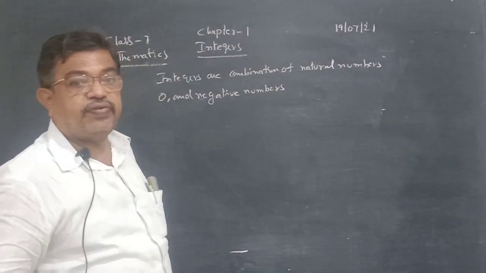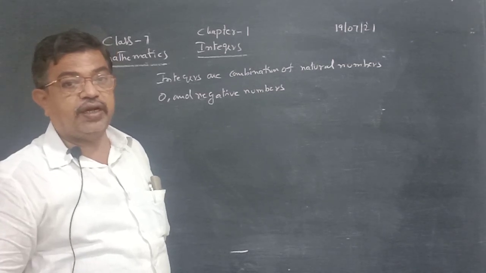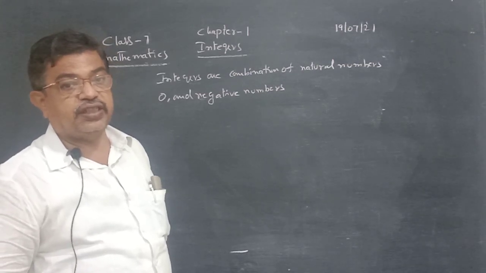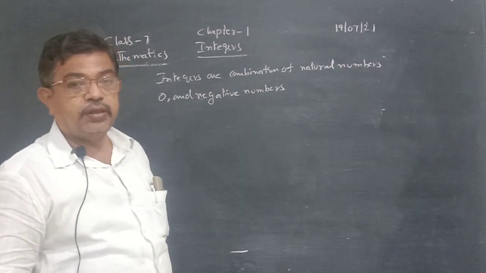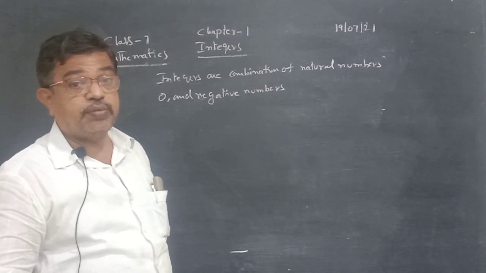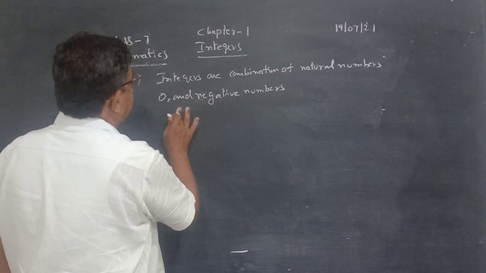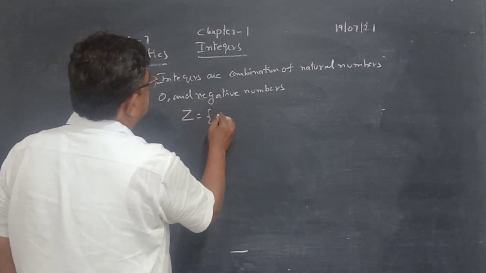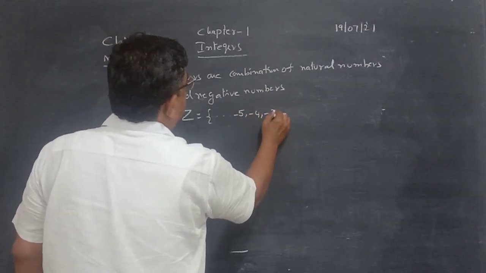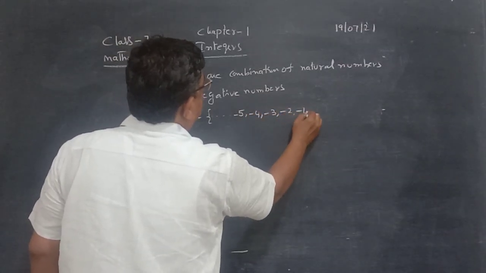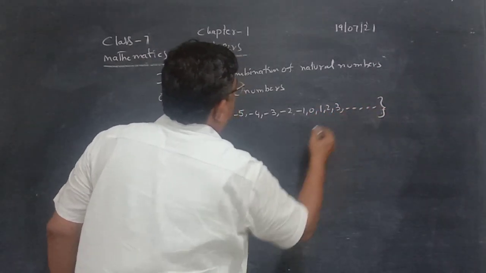It is the combination of natural numbers, zero and negative numbers together gives integers. Natural numbers including zero are called whole numbers. So whole numbers including negative numbers are considered to be integers. So integers are denoted by the letter Z. Already we discussed this, which includes negative numbers -5, -4, -3, -2, -1, 0, 1, 2, 3 and so on.